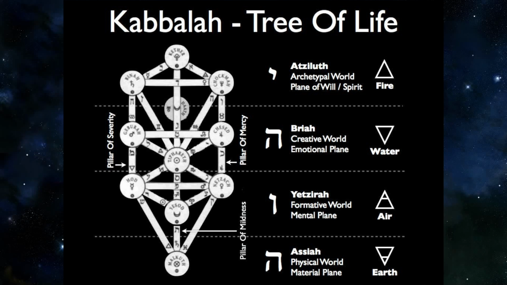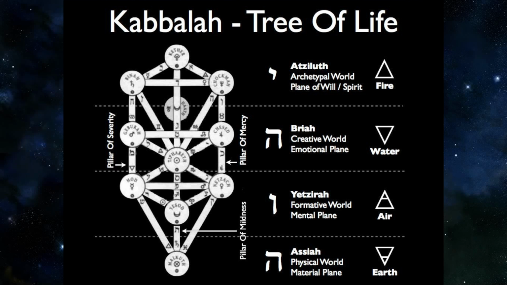Briah is the world above Yetzirah, and this represents the creative world, or the emotional plane. So this is the alchemical symbol of water, as we see it there on the chart. This is an internal quality, okay? And the triangle that is represented on the Kabbalistic tree is the one that is formed with the three Sephirot of Tiferet, Geburah, and Hesed.